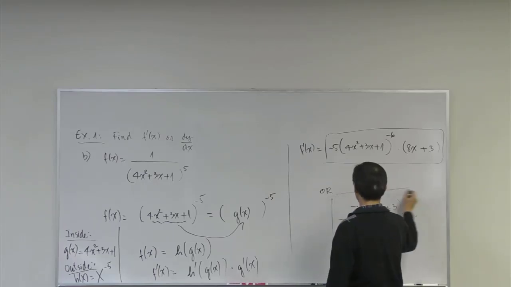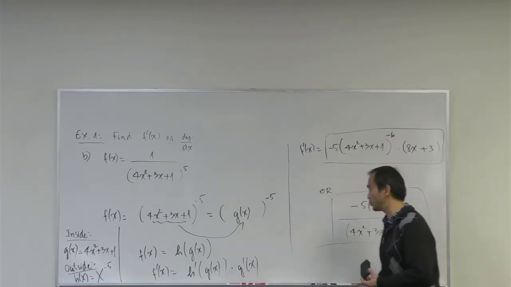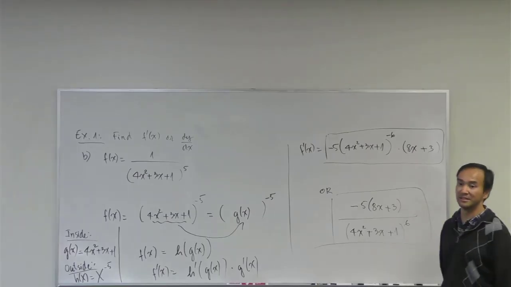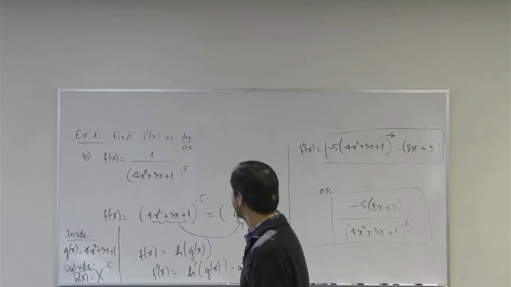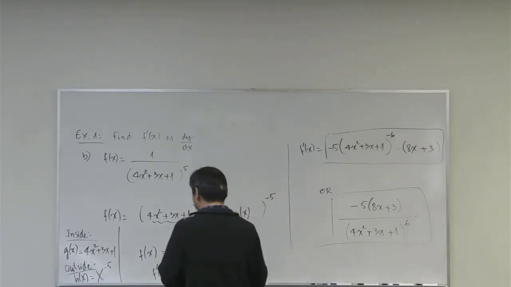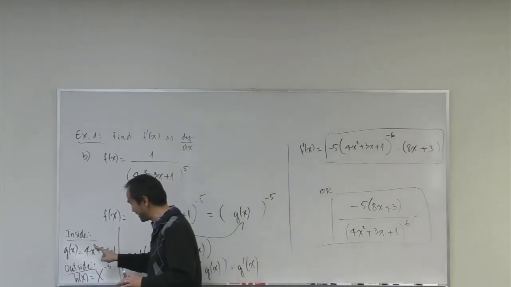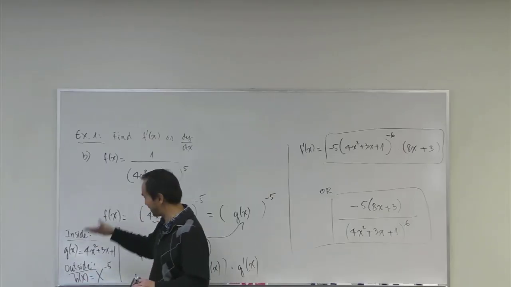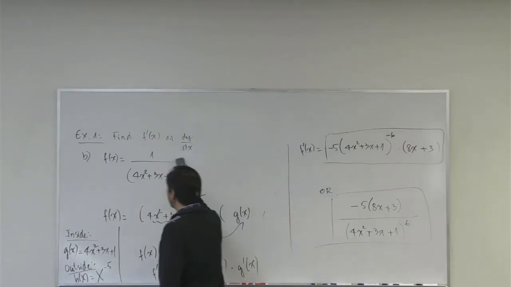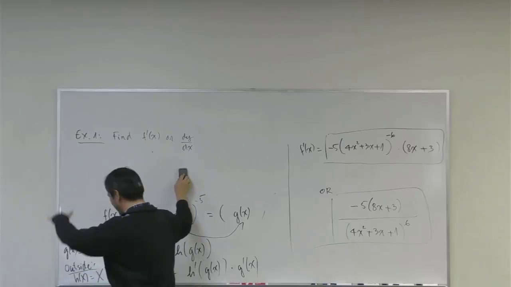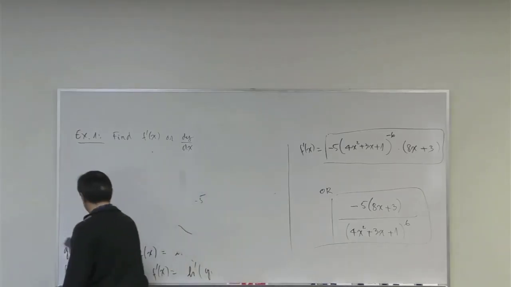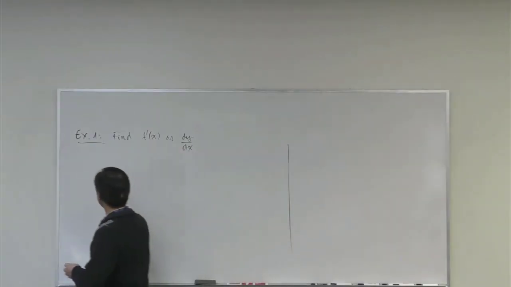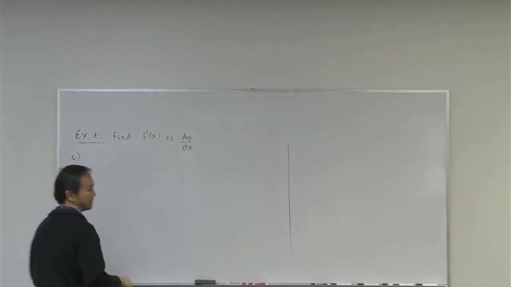That's another way of writing your final answer, in case you're asked to write your functions without negative powers. Let's keep trying. It's all about being comfortable with recognizing the inside and the outside. I put in these example problems from easier to harder and harder. Okay, so part C of the example.